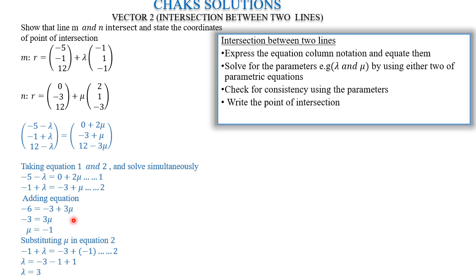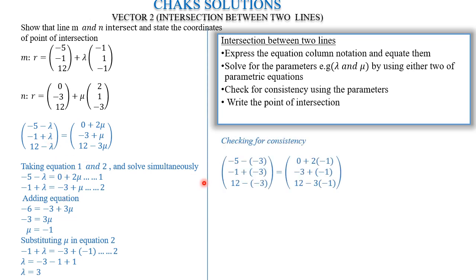Now we want to test for consistency, whether these parameters also satisfy the third equation. We substitute the value of lambda on the left hand side and the value of mu on the right hand side.